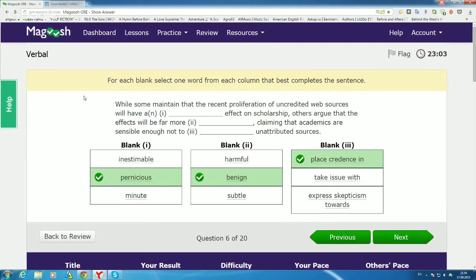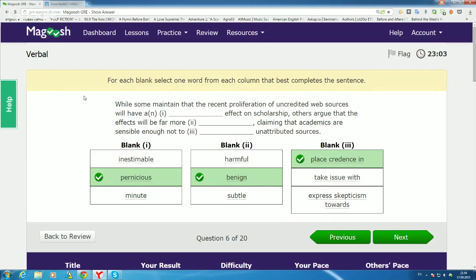I think that we can say that researchers are sensible enough not to have problems with unproven, unreliable sources. So does that fit here, to take issue with? No. Okay, good.